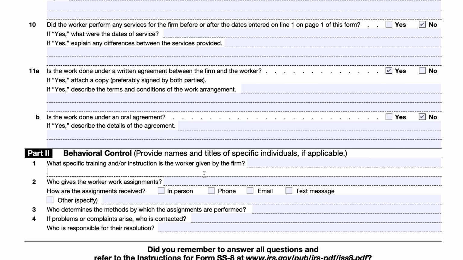Behavioral control, what specific training? In this case, Acme has a world-class sales training program, so John Doe went through that to become a better salesman. Who gives the worker work assignments? Let's say the president of the company, and he sometimes gets them over the phone, sometimes via email, and then sometimes customers.